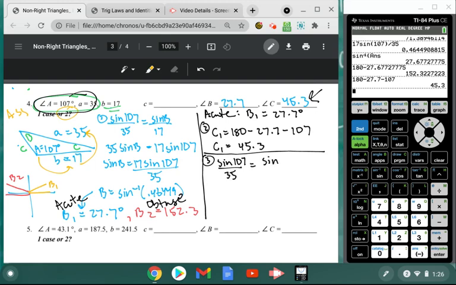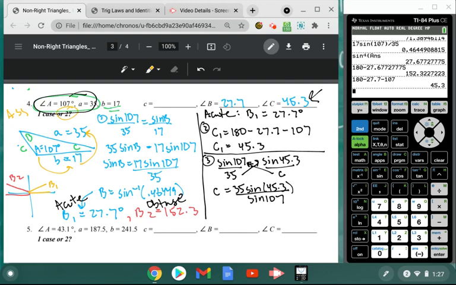So the sine of 45.3 divided by side C. So if I do my cross multiplying and dividing, I have that C times sine of 107 is equal to 35 sine 45.3, all divided by, to get this one finished off, sine of 107.